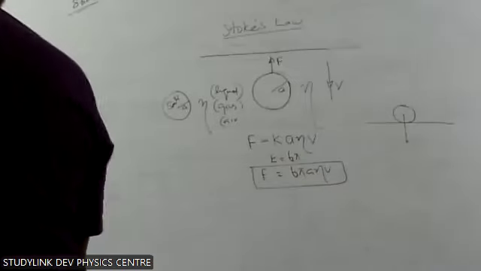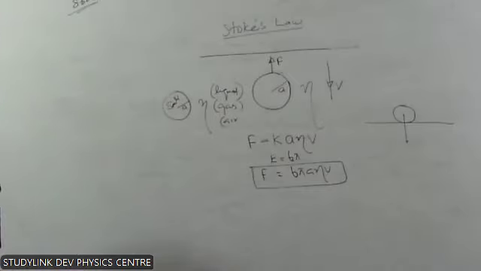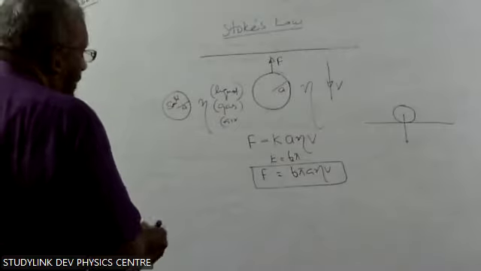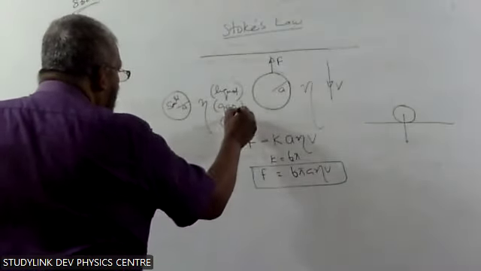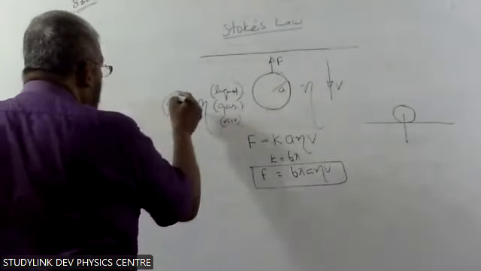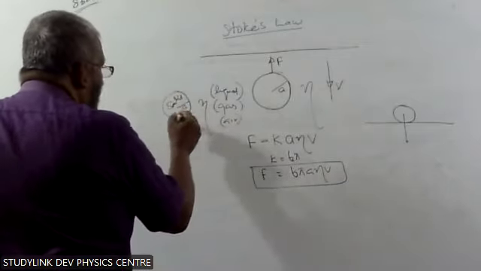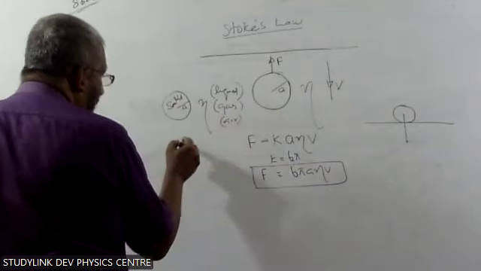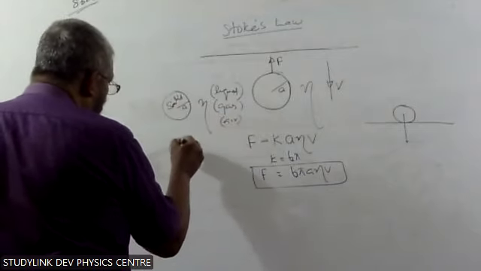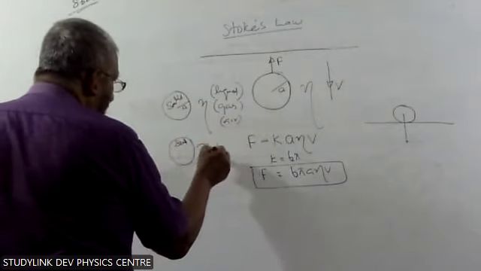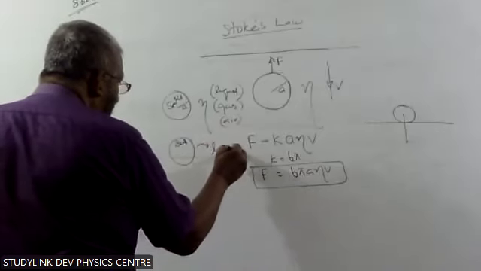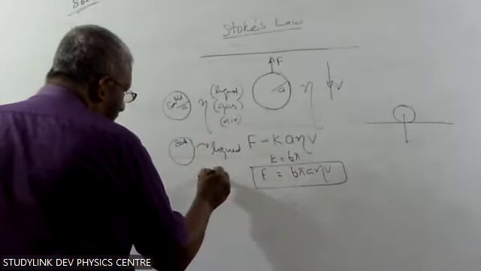Then we have to consider the second situation. This is air. Then the other one, this is solid. When it is normally solid in liquid, it is a normal situation.